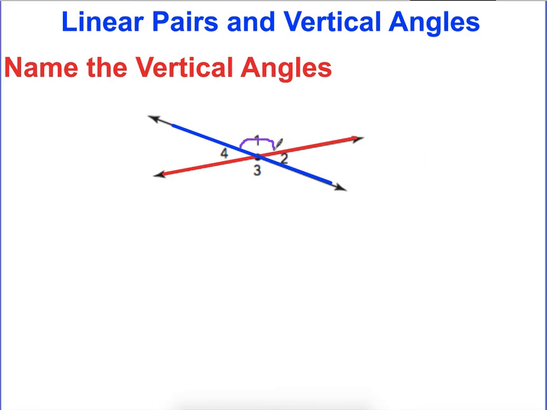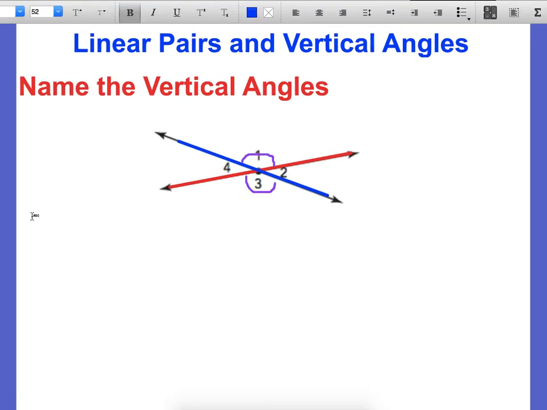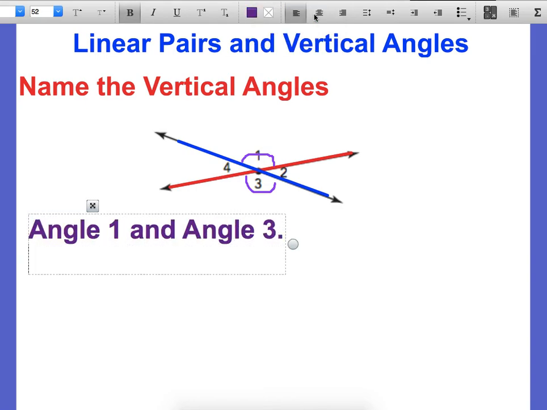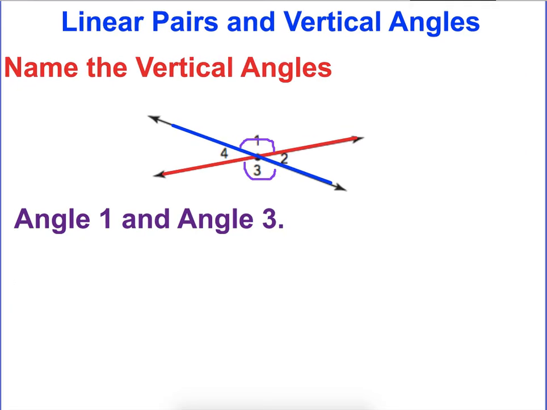So angle 1 and angle 3 should be vertical angles here. So I'll say angle 1 and angle 3. And then look again at the diagram. We still have another pair of angles here. We have 4 and 2.